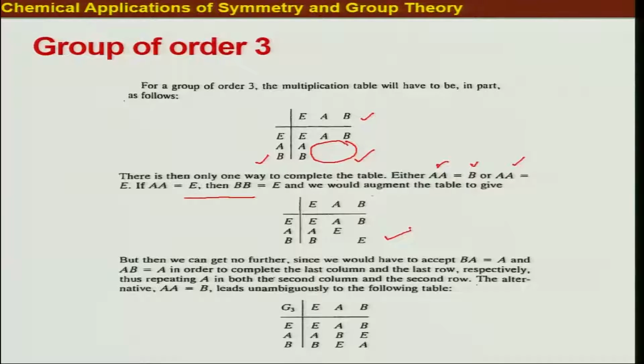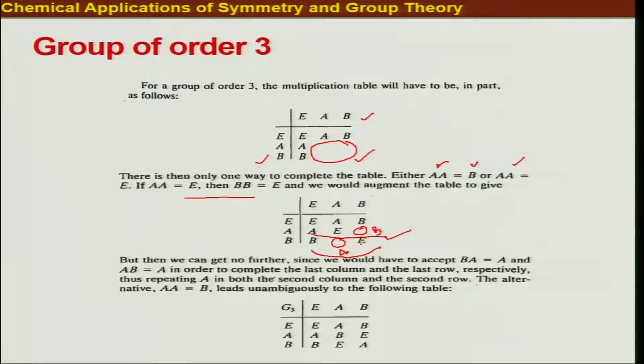If we take that argument and follow it, we get up to this, where I have AA equals E, and then BB equals E. Then I have to fill up this part. We are left with a choice for these two products, BA and AB. So you have to have A here and B here in order to satisfy this row condition, right?